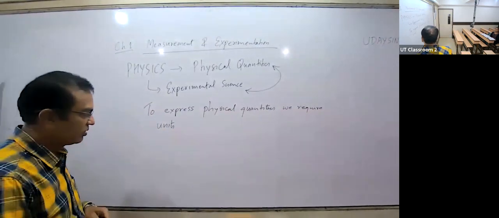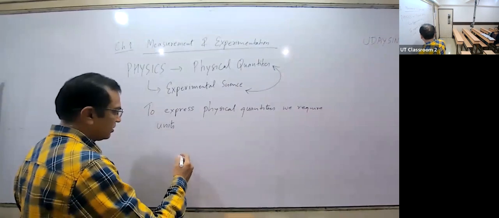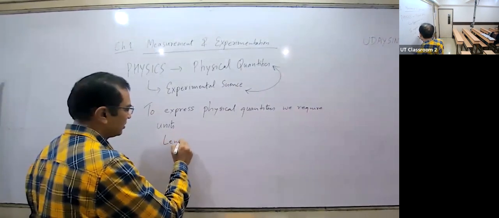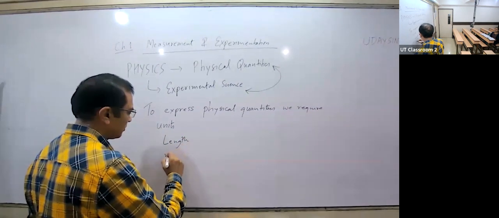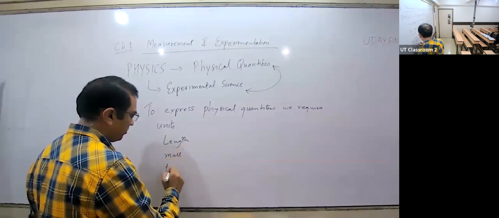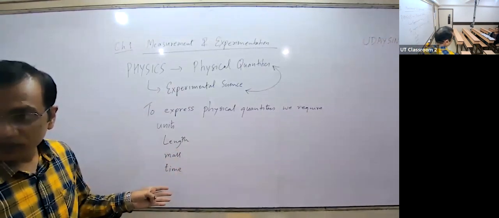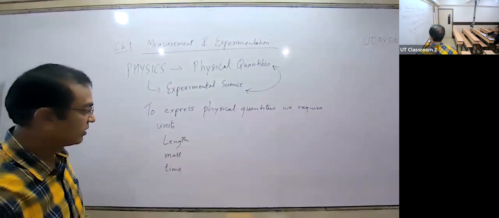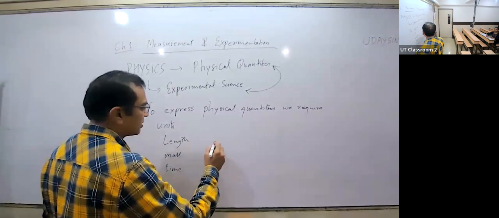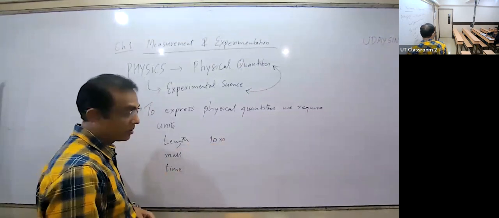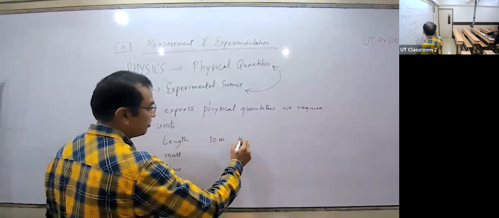So, for example, what are physical quantities? Like length, mass, time. Anything which can be measured is a physical quantity. How do we express length as, say, 10 meter, or 100 meter?